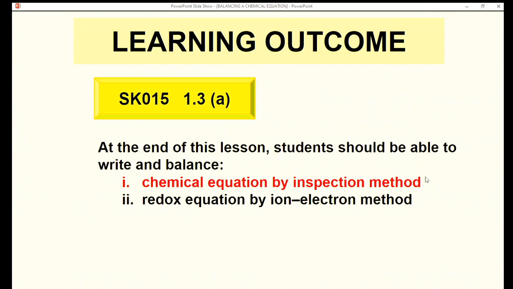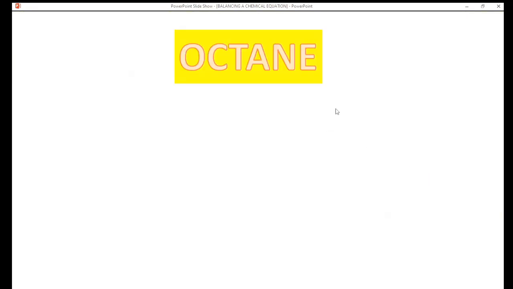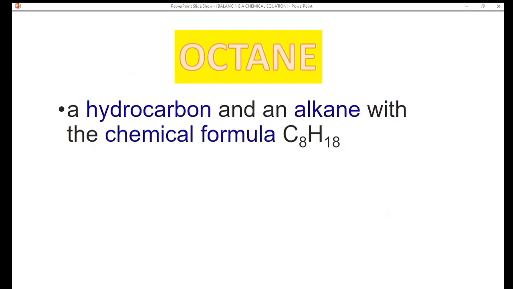Alright guys, to start this lesson, I'm going to use one example. Here I'm going to use octane. Do you know what is octane? Octane actually is a hydrocarbon. When we say hydrocarbon, what is a hydrocarbon compound? A compound that contains only carbon and hydrogen. And octane is an alkane with the molecular formula C8H18.